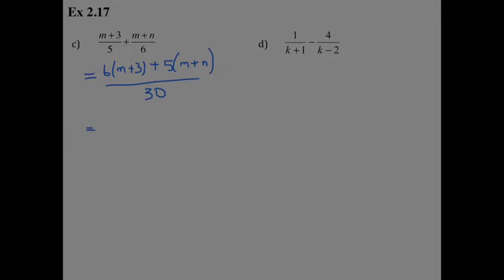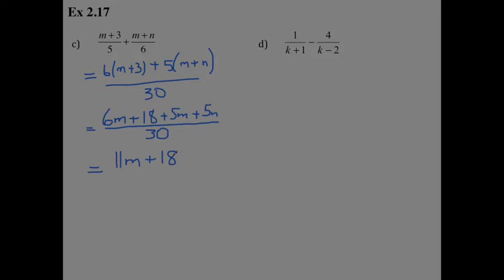Multiply that out and we get 6m plus 18 plus 5m plus 5n all over 30. Do I have any like terms? Yes, the m parts, the 6m and the 5m, add to give 11m.